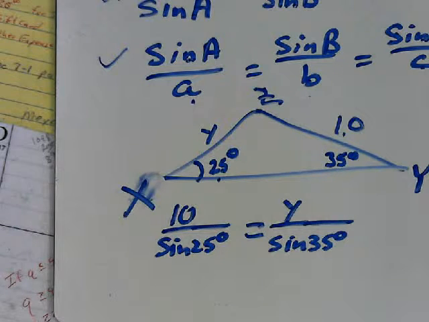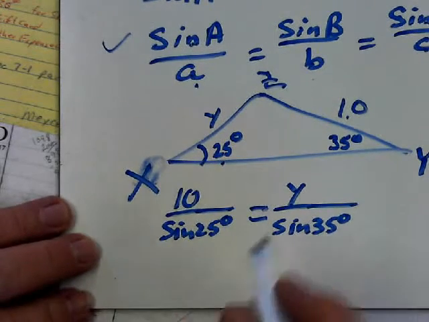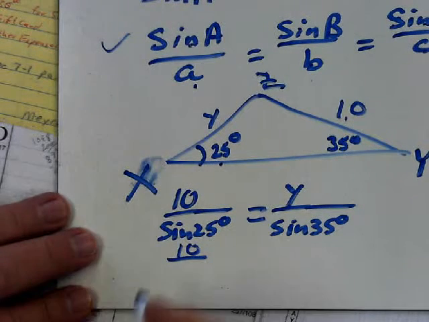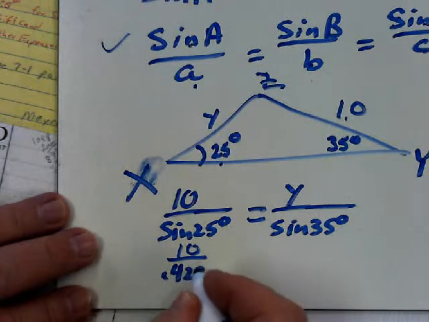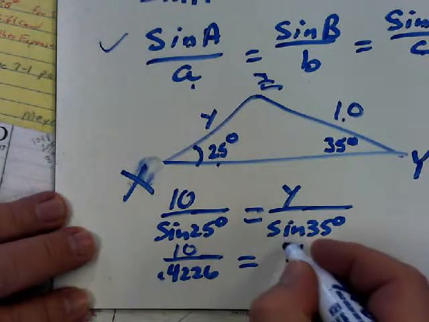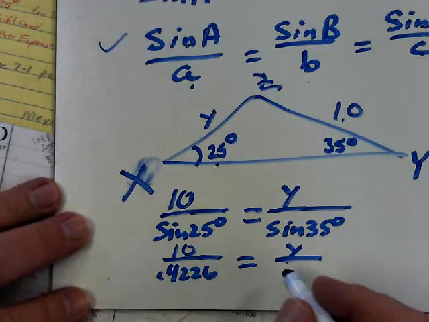Okay? Well, if I finish solving this, what's the sine of 25 degrees? 0.4226. What's the sine of 35 degrees? 0.5736.